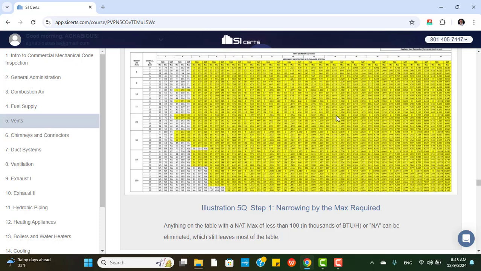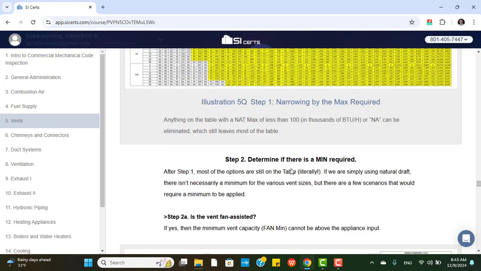And all this is included. Step 2, determine if there is a minimum required. After step 1, most of the options are still on the table, literally. If we are simply using natural draft, all of the table is still with us here.